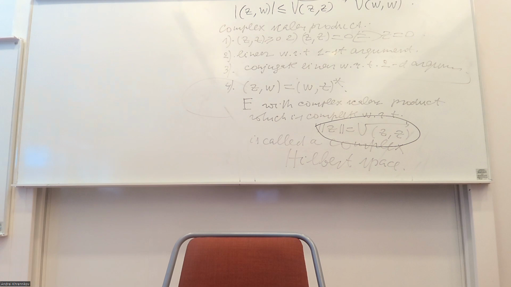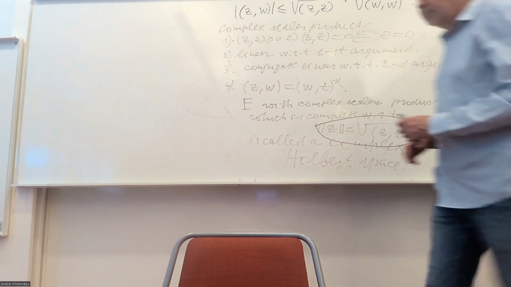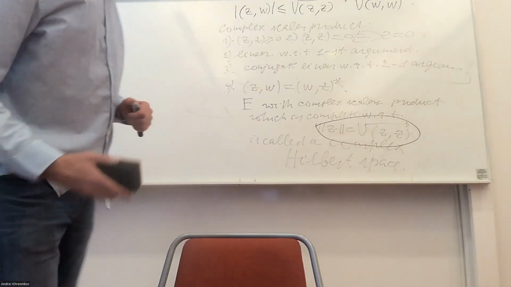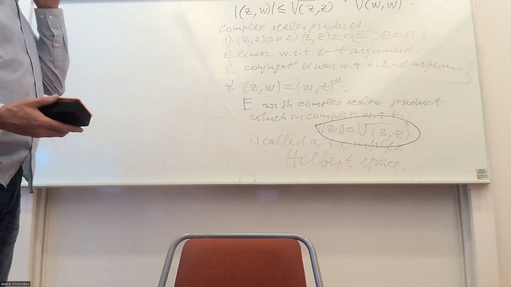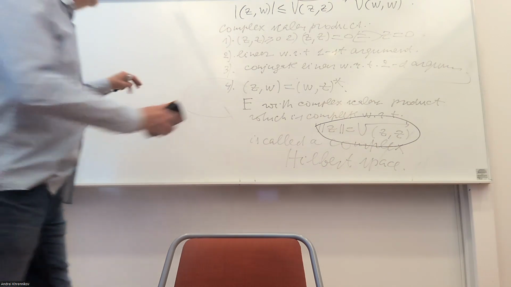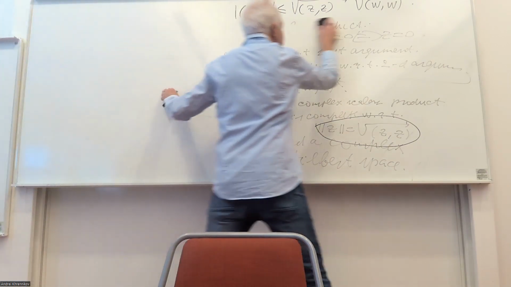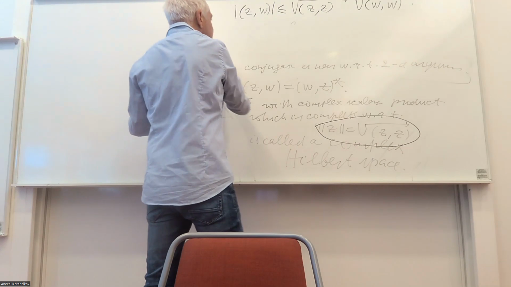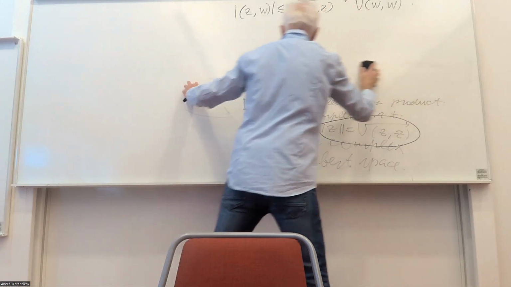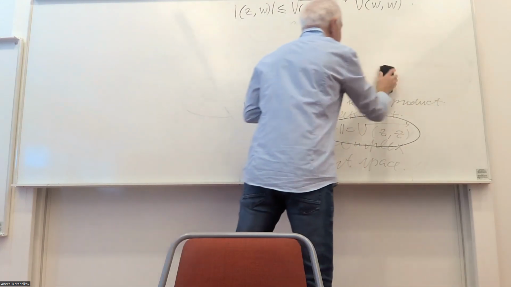Okay. And as in the real case, we are interested in one special space, the space of square integrable functions. But before this, I will reserve this to the very end.